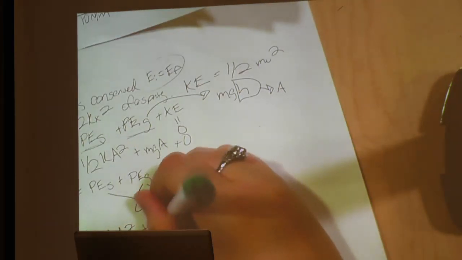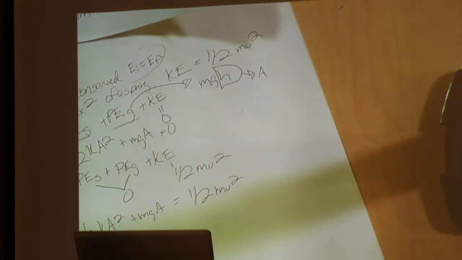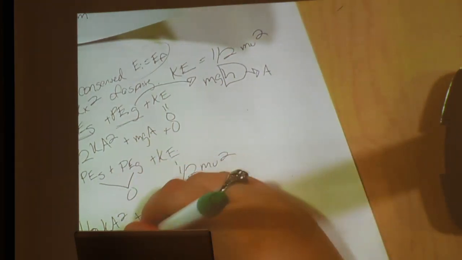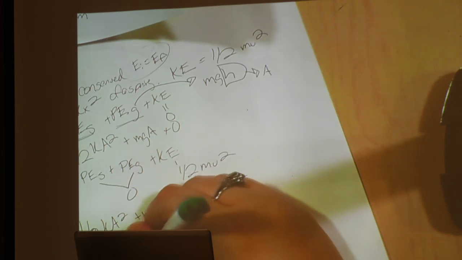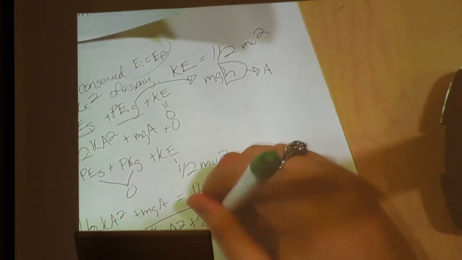So we can plug in here. We'll have 1/2 ka squared plus mga is equal to 1/2 mv squared, and then we solve for velocity. I'm not going to go through each step of moving things around; I'll just write what you should get. The velocity is equal to the square root of k over m times amplitude squared plus 2ga.